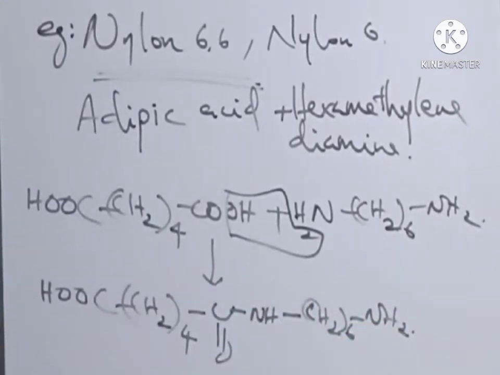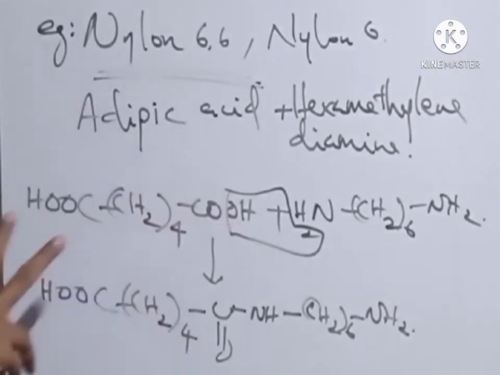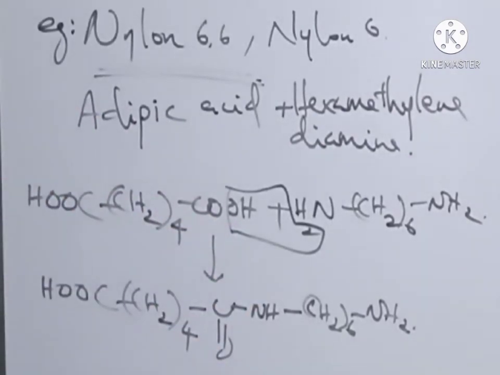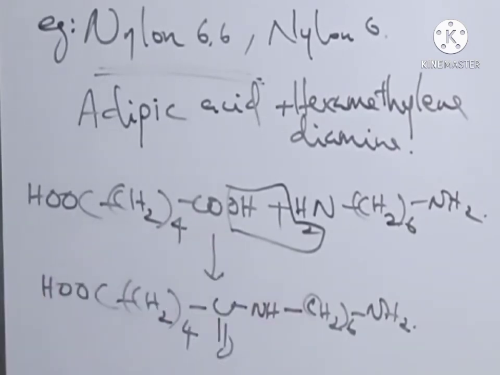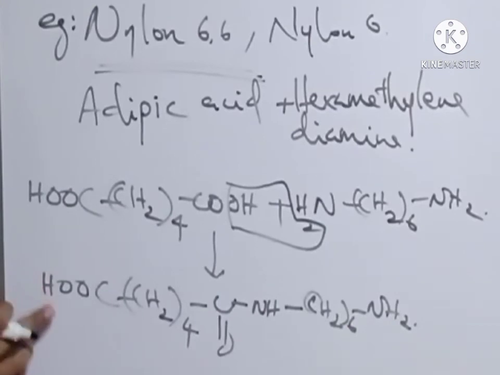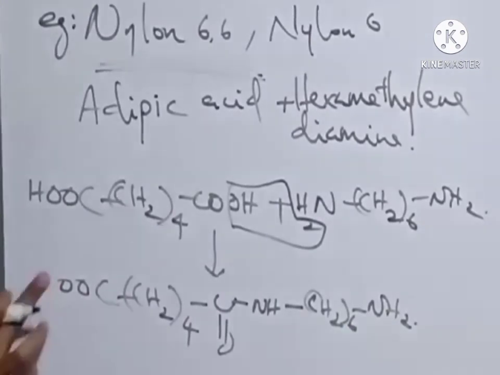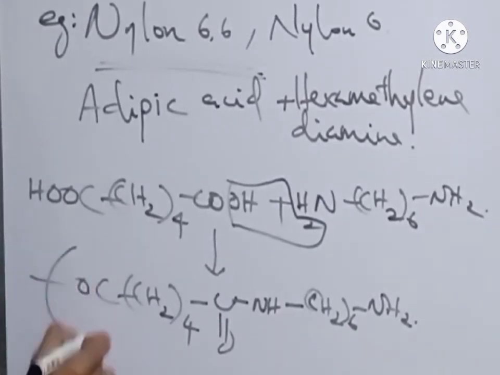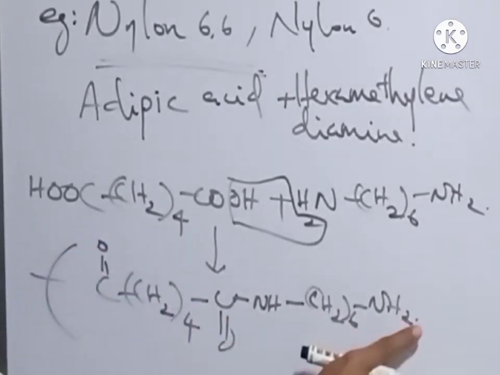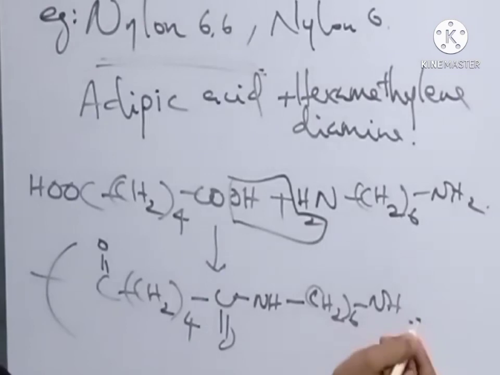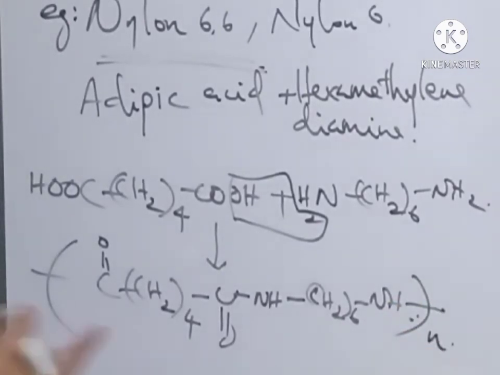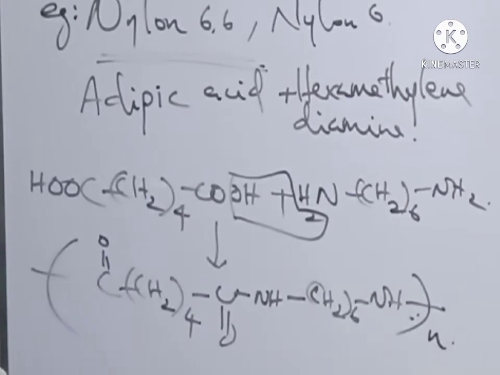This is the polymer formed by the combination of two monomers. If we write the elongated chain, then we can write it with n such units. This is nylon 6,6.